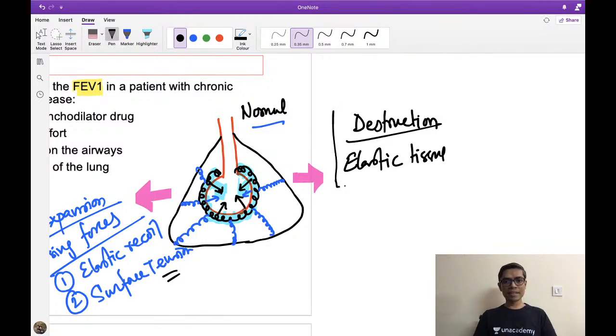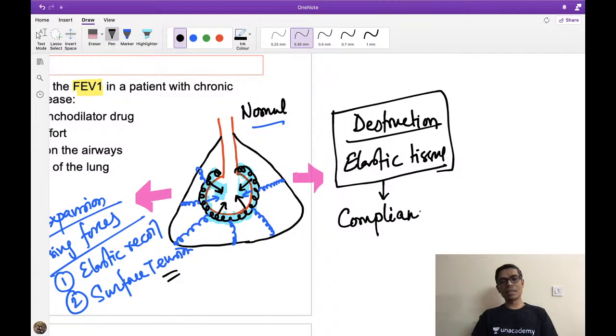So destruction of this elastic tissue means there will be increased expansion, or increased volume change, for the same amount of pressure change. That means compliance will be high. So this is the first important thing you have to understand: high compliance means the lung is loose, because it has lost the elastic tissue.